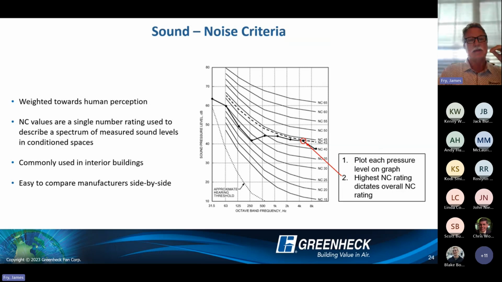Because it's a single point value that we can easily use to compare ourselves with other manufacturers. Commonly used in interior buildings, NC levels are single numbers rated to describe the spectrum of measured sound levels in conditioned spaces. Here's a chart showing that the highest pressure point is going to be the NC level cataloged for that device.